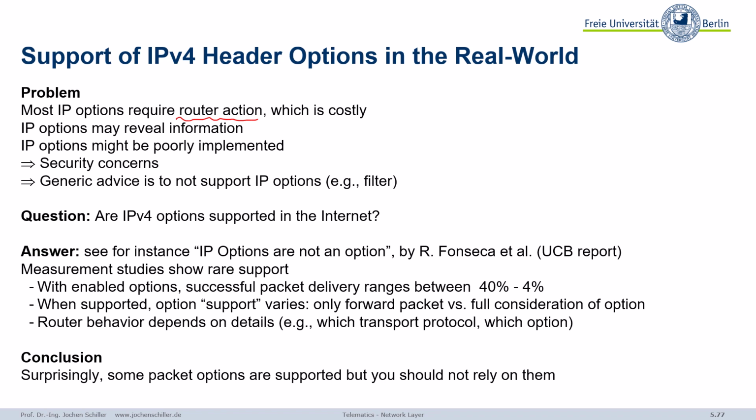So this is costly. No one likes this. You don't do this in hardware, you do this in software. Options may also reveal certain information, since you can follow certain paths by looking at the packet, and poorly implemented options are a security concern. So there's a generic advice: don't use options, although they're there.